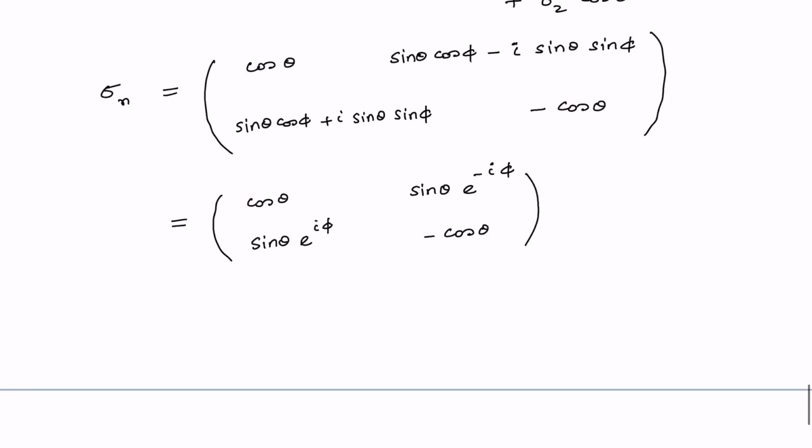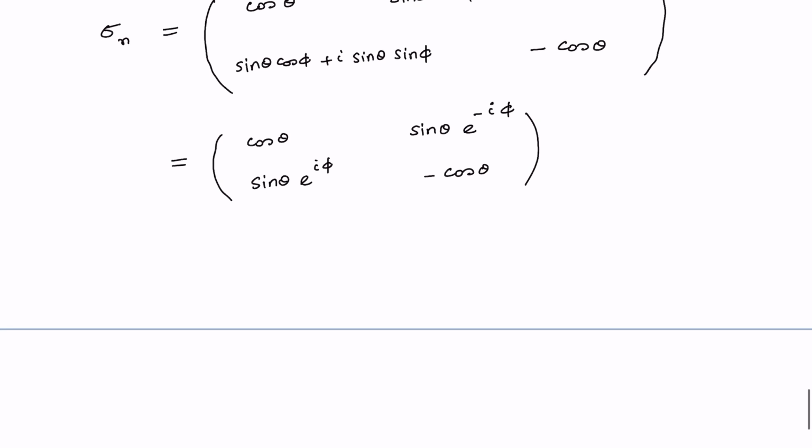So you see, eventually we just need theta and phi to express the component of the Pauli vector in an arbitrary direction.